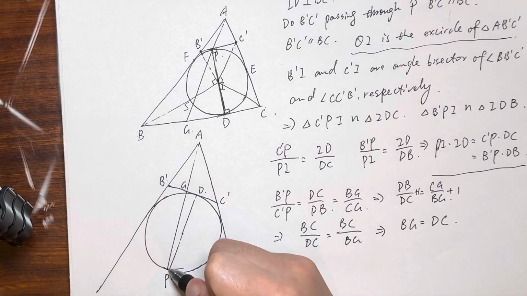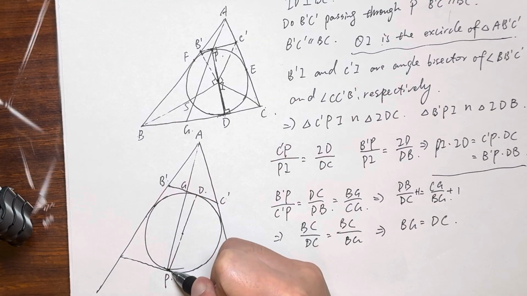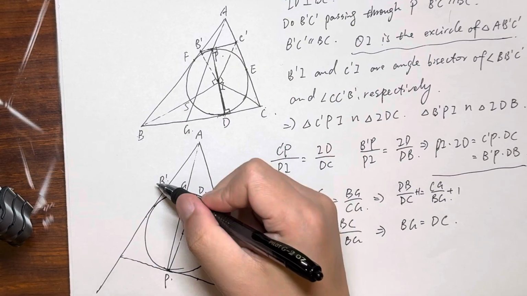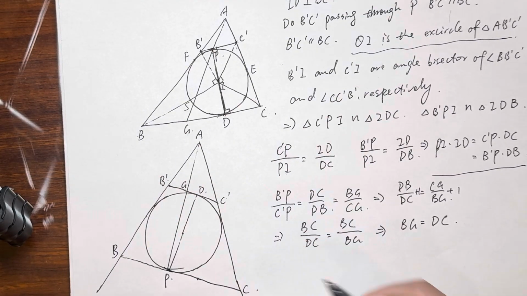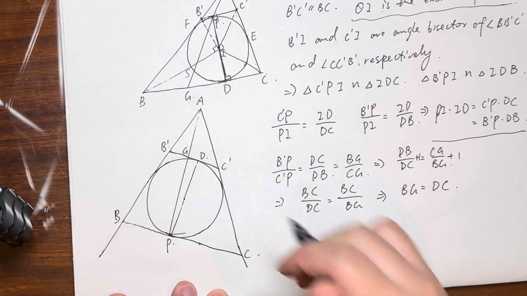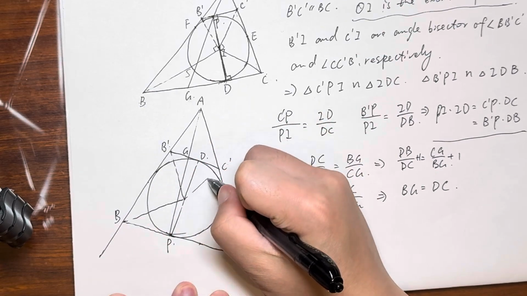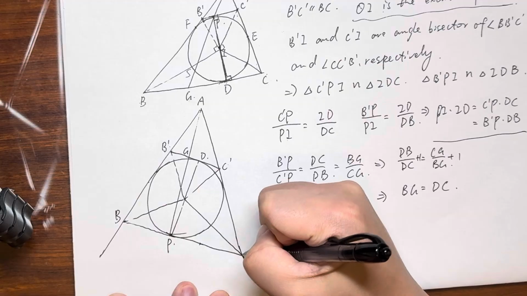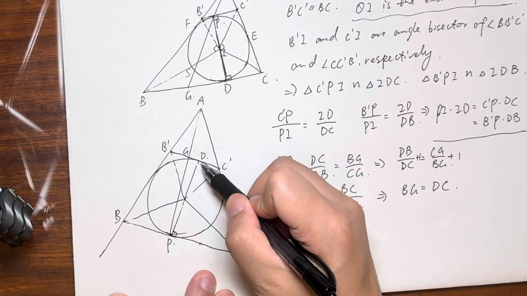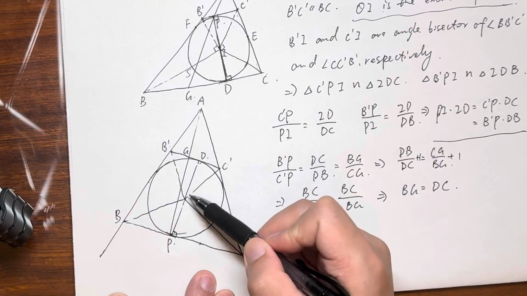So we can do exactly the same thing: draw a parallel line passing through point P and parallel with B prime C prime, and we call it BC. Then we do the connections here. It's obvious that we can prove this triangle is similar to this triangle is similar to this triangle.